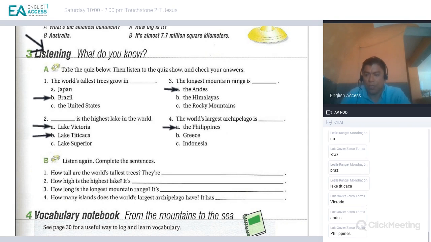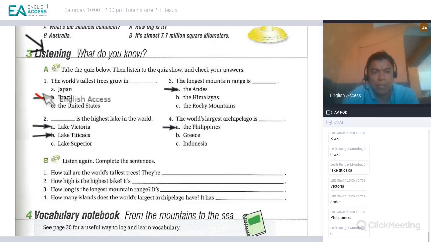All right, guys. So let's see. Number 1. The world's tallest trees grow in... Leslie? Yes, the United States. So Brazil is incorrect. And the correct answer is C, the United States. Okay. Number 2.